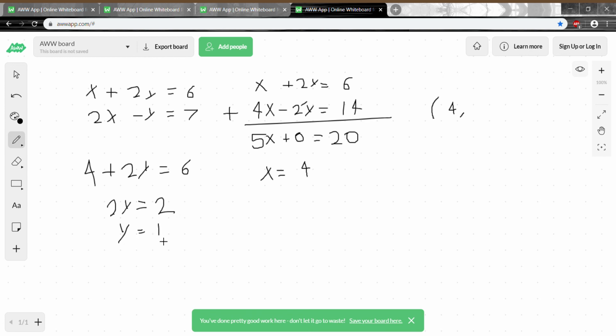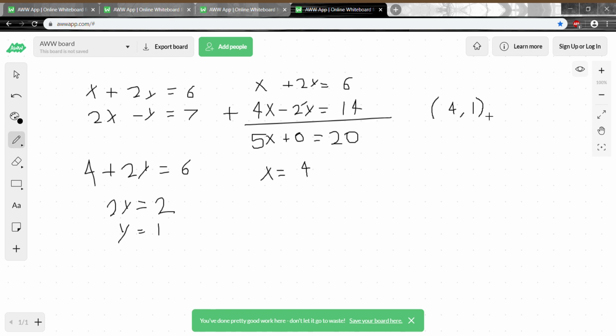That gives us that y is equal to 1. We could have found that y is equal to 1 on this equation too by plugging in 4. So that means our other y coordinate is 1, meaning that these two lines cross at the point 4, 1. X equals 4, y equals 1.